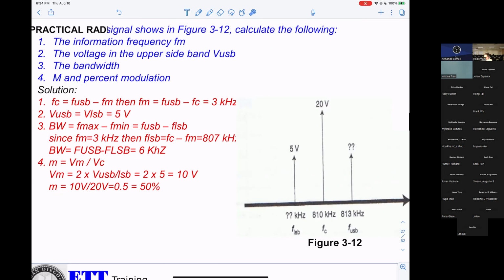M equals VM divided by VC. VM equals 2 times V upper sideband, or V lower sideband: 2 times 5, 10 volts. And M equals 50%.